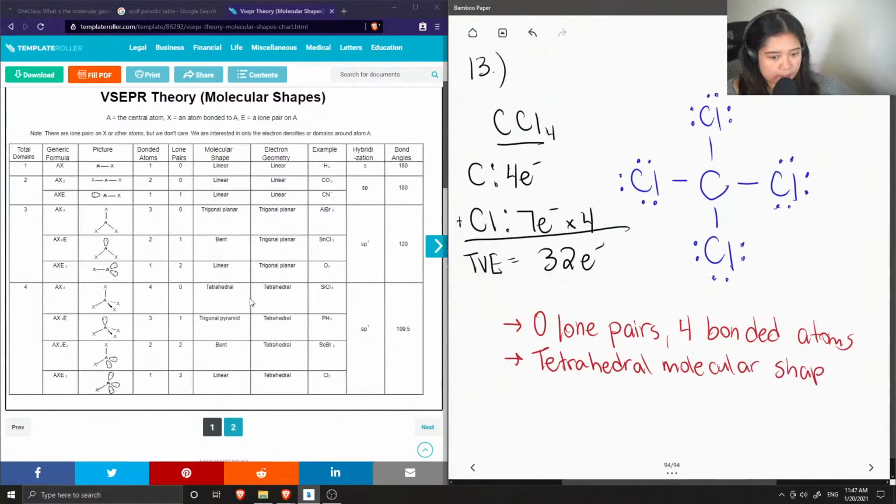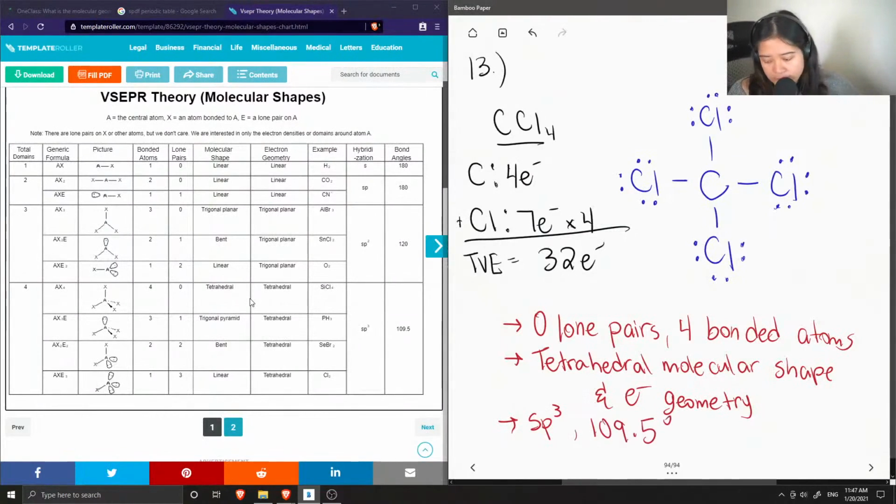And also a tetrahedral electron geometry. Our carbon is sp3 hybridized, and the bond angles are 109.5 degrees.